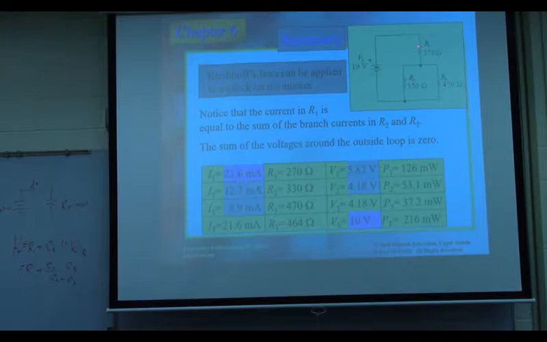Then negative 5.82... so the negative 10, positive 5.82, right? And this one, positive 4.18, right? Then nothing else. These 3 add up together again equal to 0.